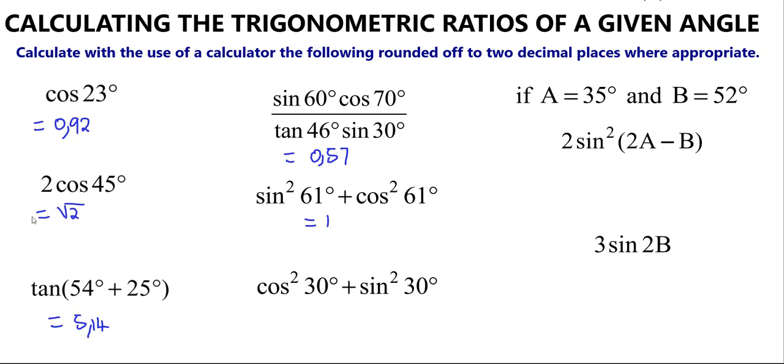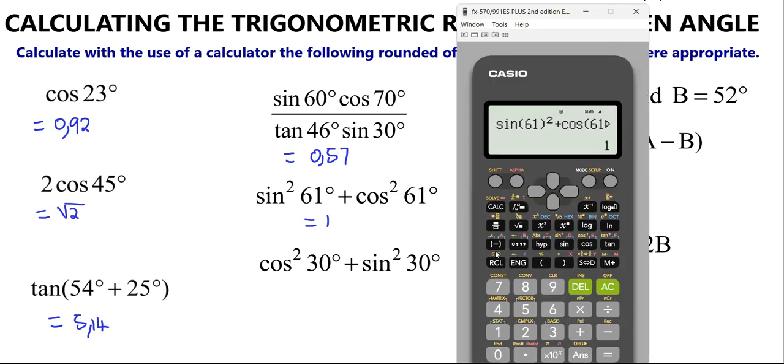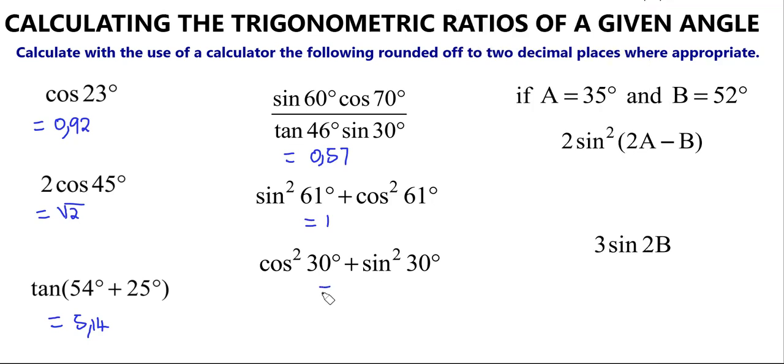So if we get 1, let's see also if we punch cos squared 30: cos 30 squared plus sine 30 squared, we also get 1.